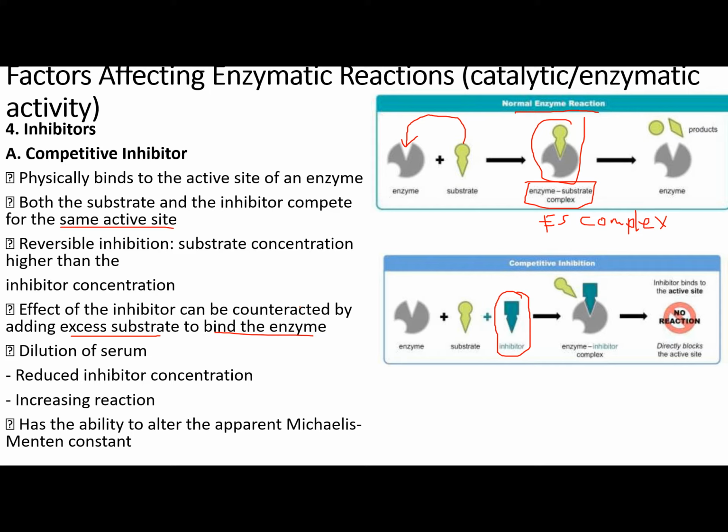If you want to reverse this, you just need to add more substrate to bind the enzyme. Now, in this type of inhibition, you need to dilute the serum to counter the effect. It reduces the inhibitor concentration and would increase the reaction. It has the ability to alter the apparent Michaelis-Menten constant.